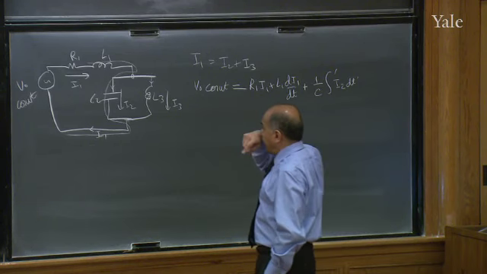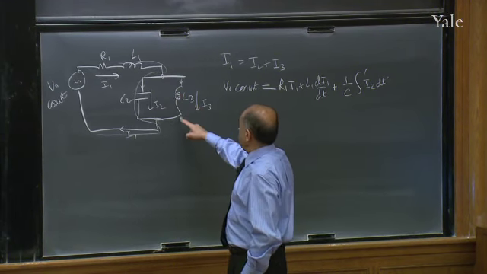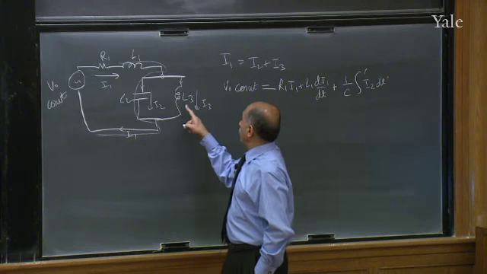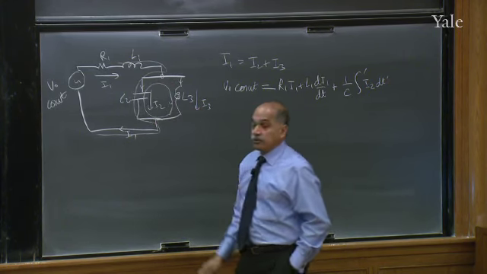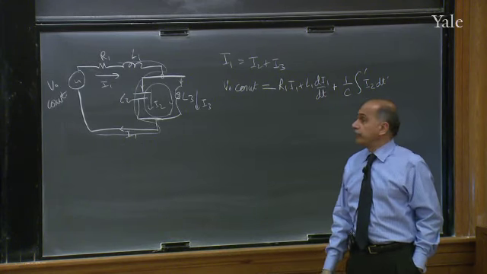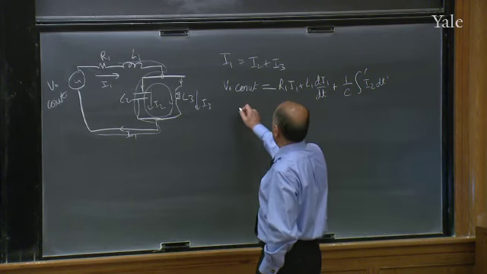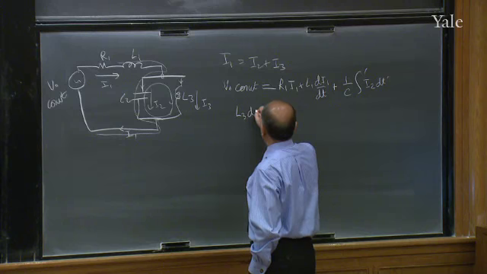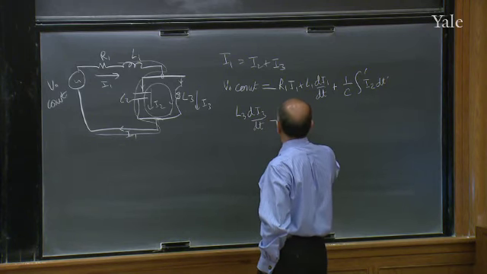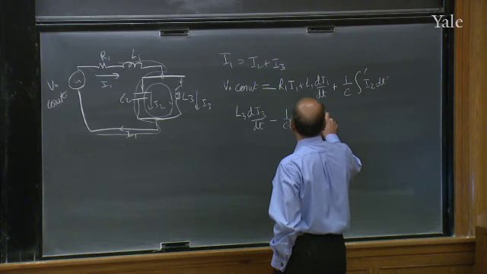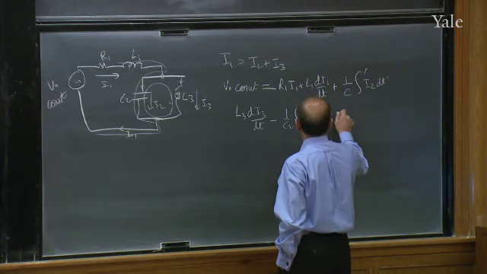For the second loop, I can go around the other way if you like, going around this inductor, or I can take a loop like this. I just want to write that to show you what it may look like. That equation will say L3 dI3/dt minus 1/C2 integral of I2 dt is equal to 0.